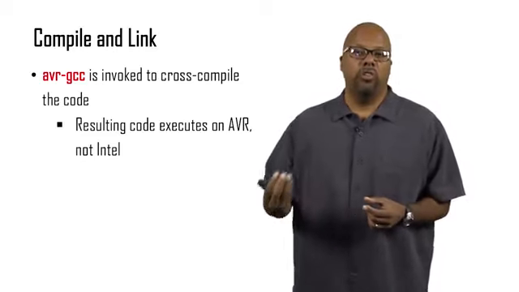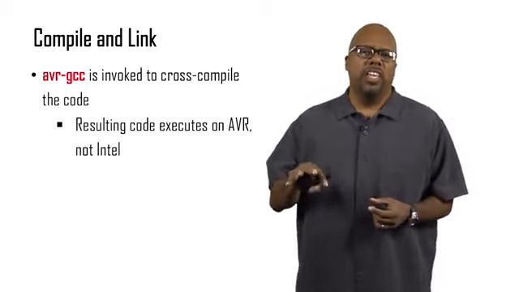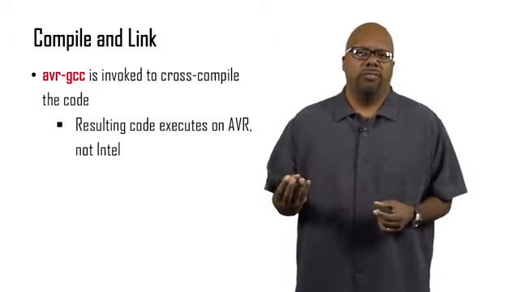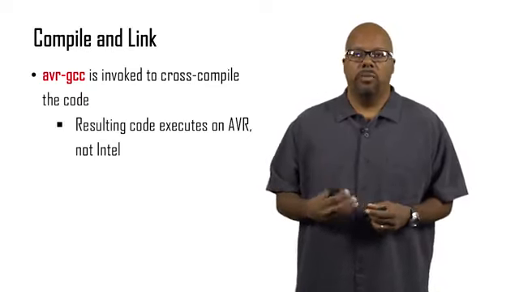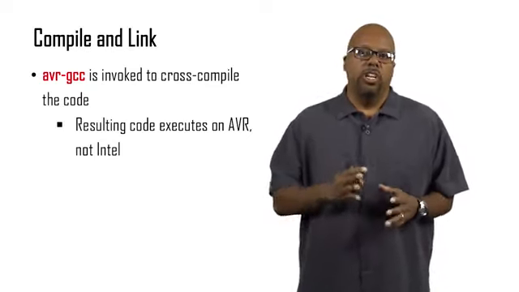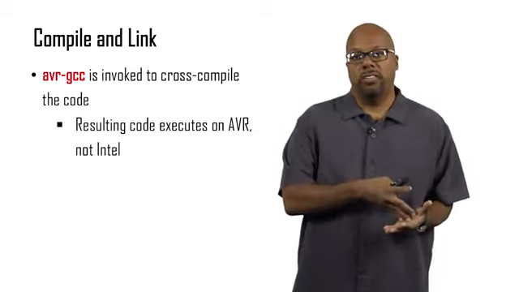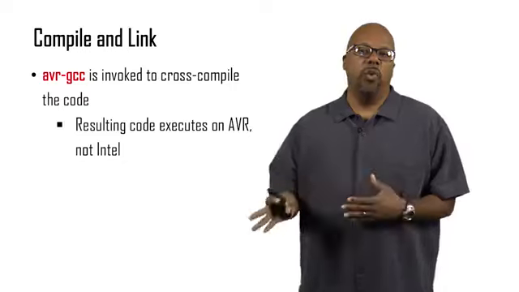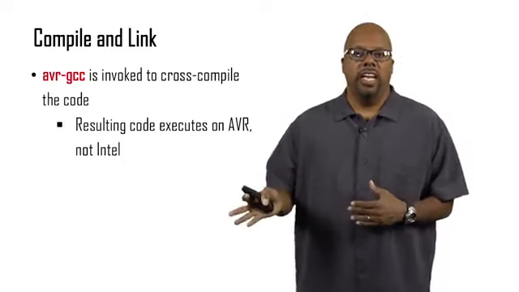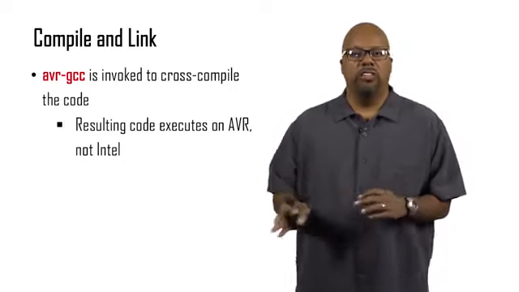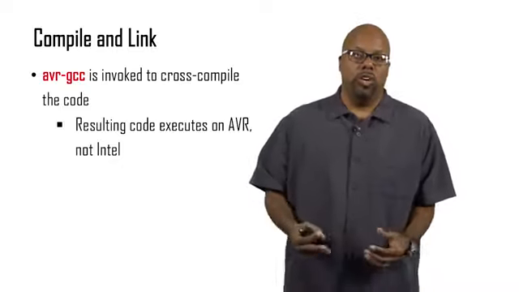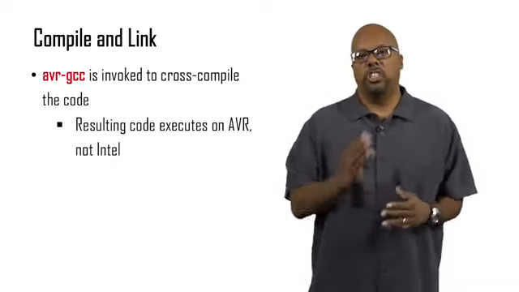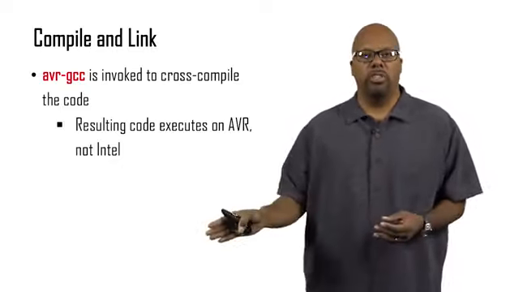It executes on the Arduino's processor, specifically the AVR processor, the AVR ATmega328 that's running on the typical Arduino Uno, say. So you're compiling it on an Intel processor, but your target is actually an AVR processor, a different processor. If you take that executable and try to run it on your Intel, it will not work. So this is called cross-compilation. You compile on one machine, but the target is another machine.